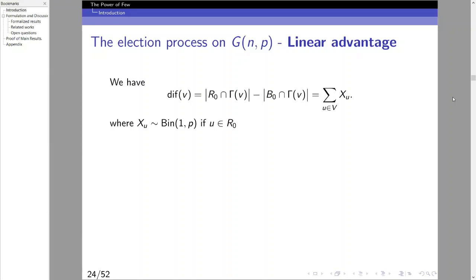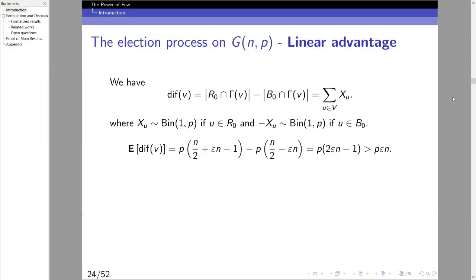And so it's a sum of Bernoulli variables with a factor of either 1 or -1. Note that the expectation is positive. It's just p times the advantage. And so by Hoeffding's bound, the chance that it goes below 0 is exponentially small. That's also the chance that V turns blue.